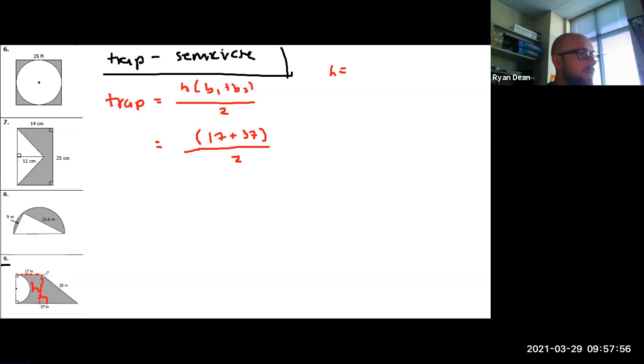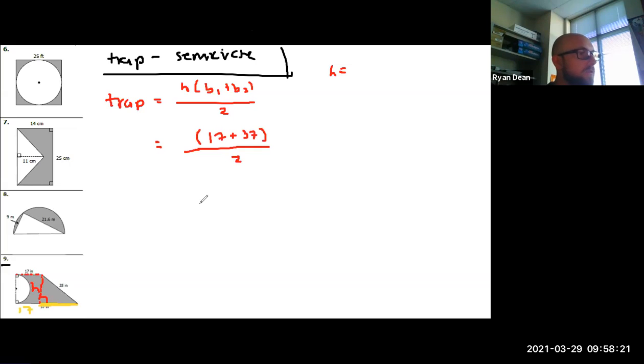To figure out what the height is, I first have to make sure that I'm using the correct length for the base. So the total length of this base down here was 37. Now if I go straight down from this 17, this ends up giving me a rectangle, and then I end up with 17 down here at the very bottom.